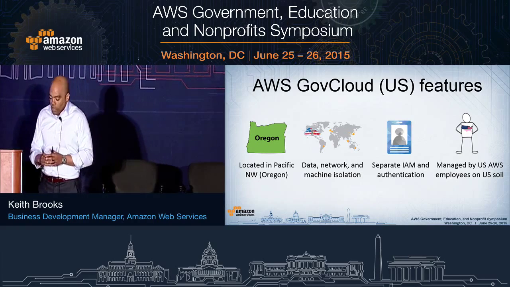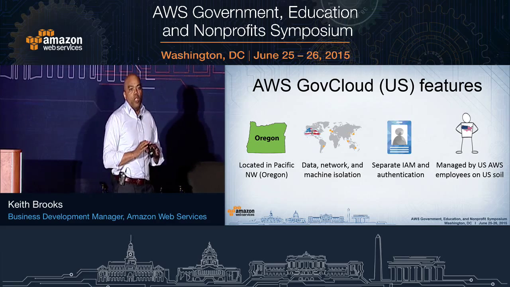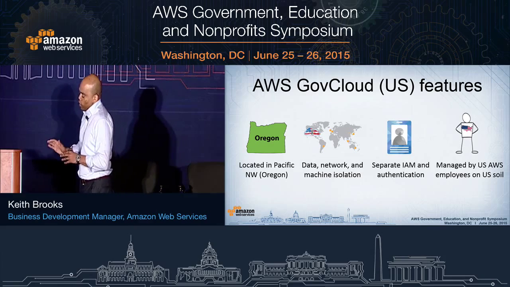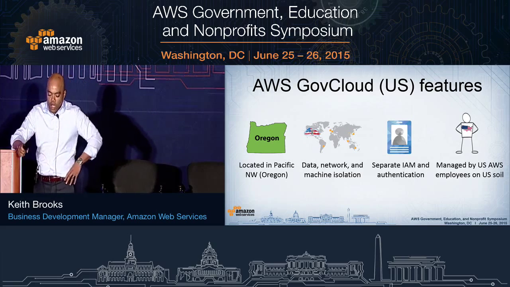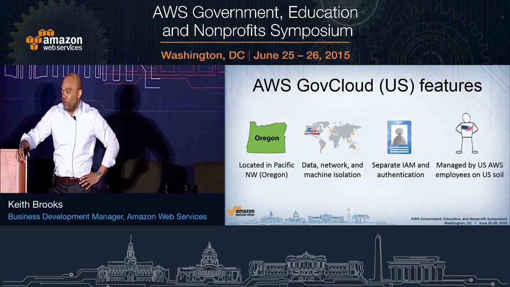In addition, GovCloud also has a separate IAM and authentication stack. So you get unique credentials for GovCloud to access your account in the region. Those credentials do not work in the standard account, so you cannot log into your standard AWS account using your GovCloud credentials and vice versa.